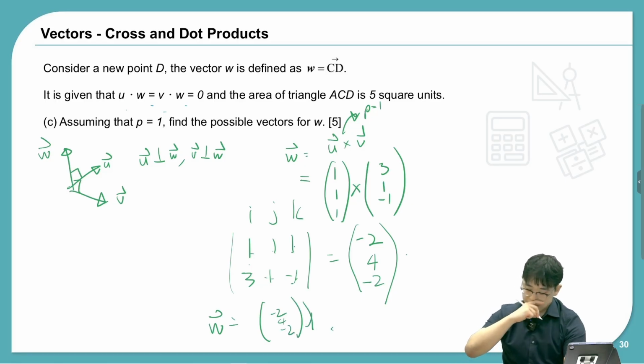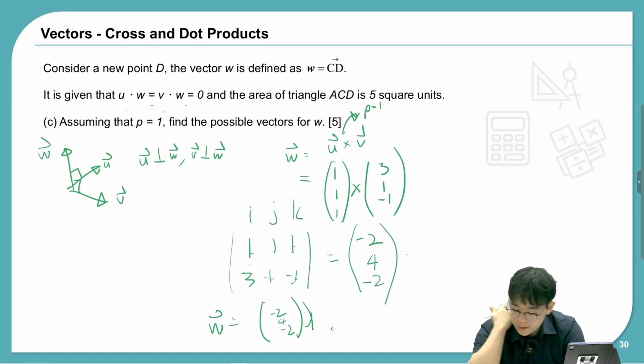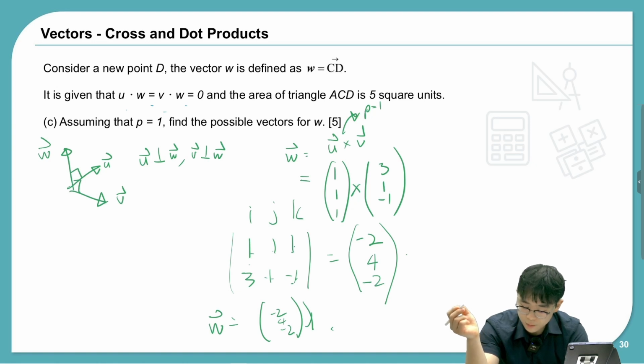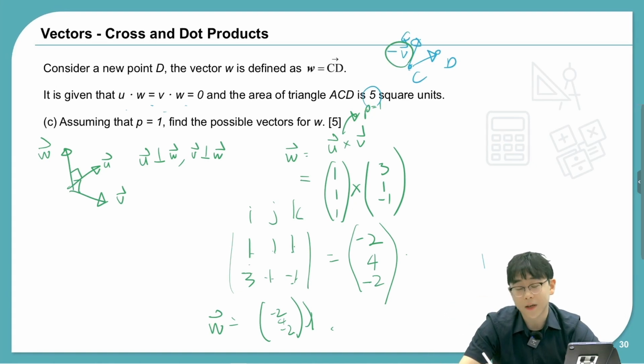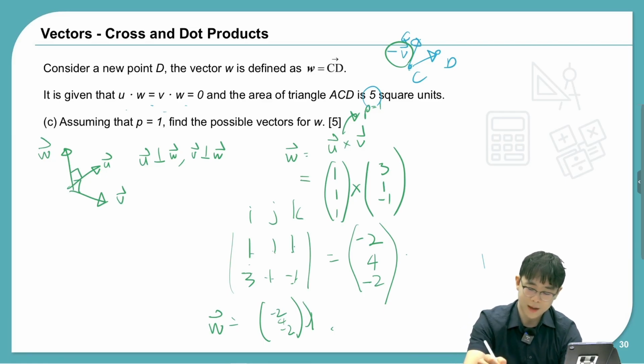Right? So now what we have to do here is find the area of triangle ACD. So we have CA and CD. We basically found that the vector w is going to be -2 lambda, 4 lambda, -2 lambda, and we want to find what lambda is going to be with a further hint.